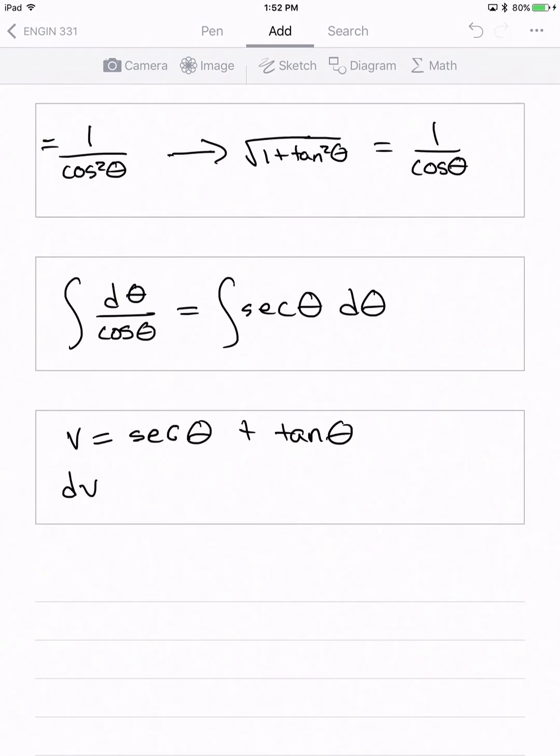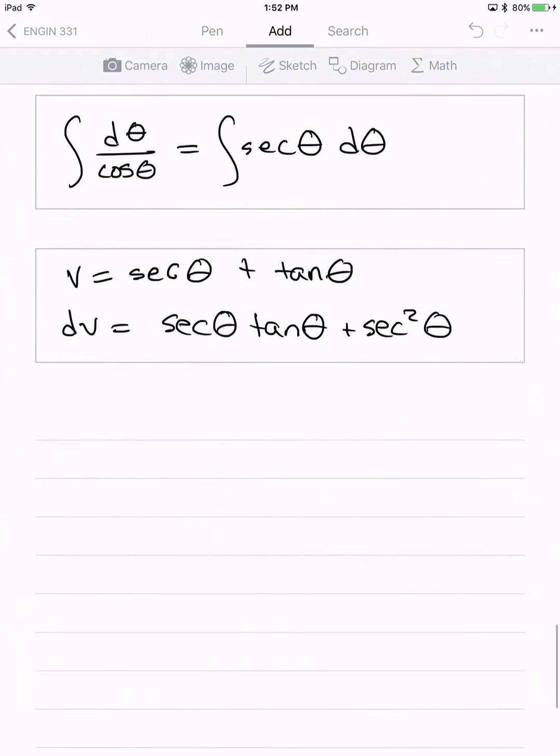Then dv is equal to secant theta times tangent theta plus secant squared theta. If you want to verify that one, you're welcome to. I'm not going to do that derivative out just now because I don't want to take the whole day.